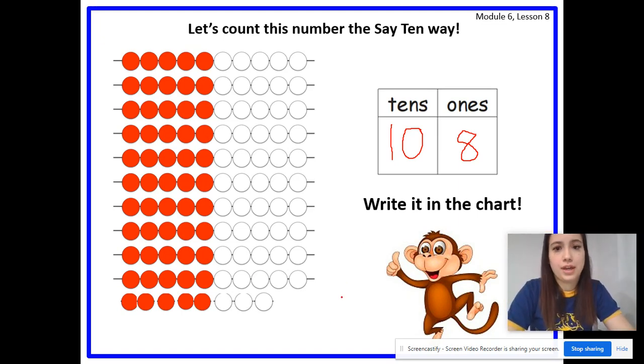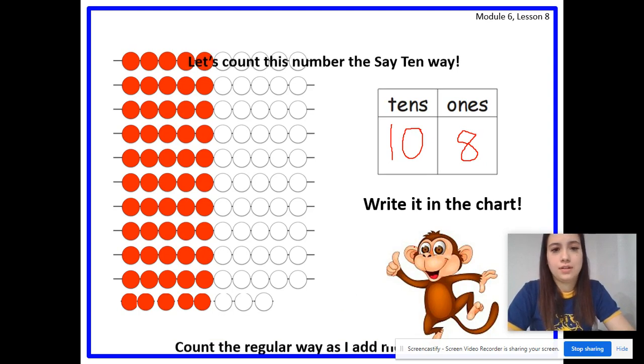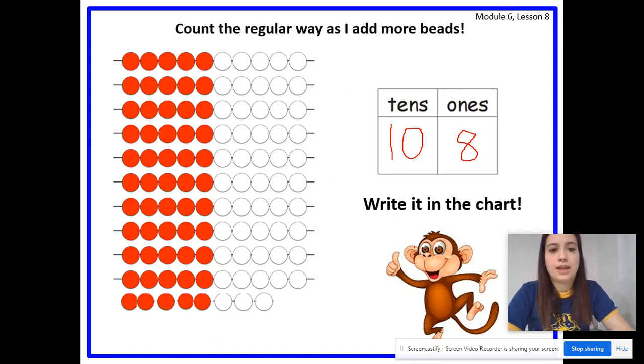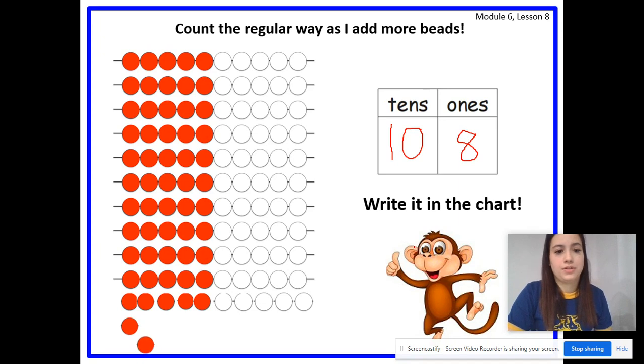Okay. Now we're going to continue to count. Are you ready? So count the regular way as I add more beats. So get 108 going. 108, 109, 110, 111, 112, 113, 114, 115, 116, 117, 118, 119, 120.